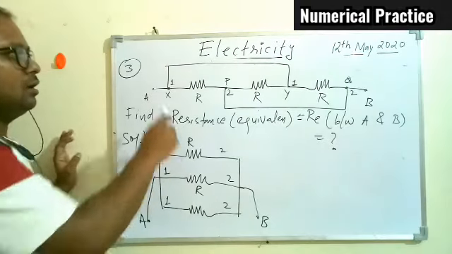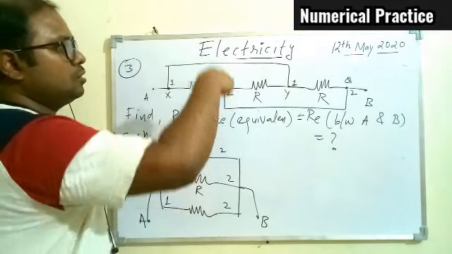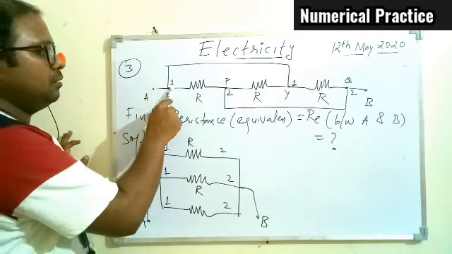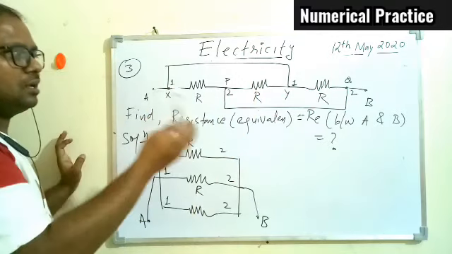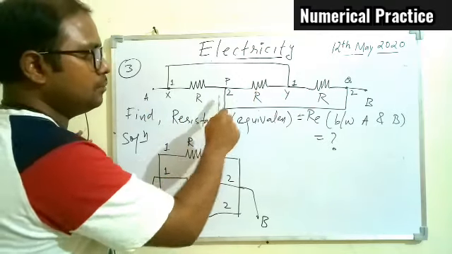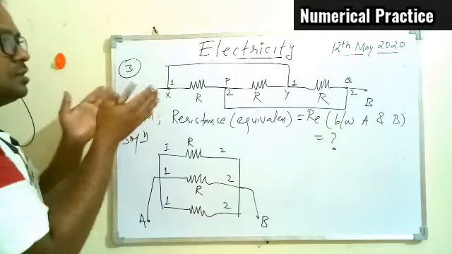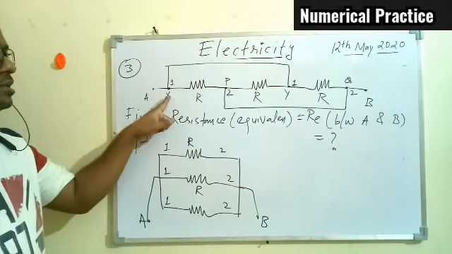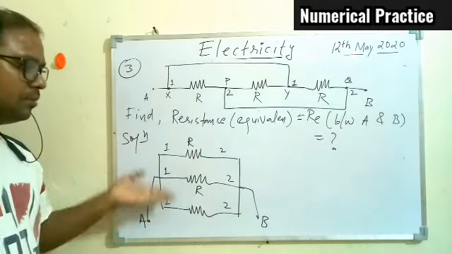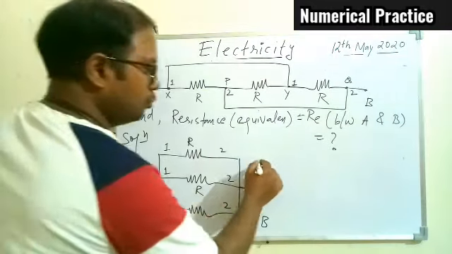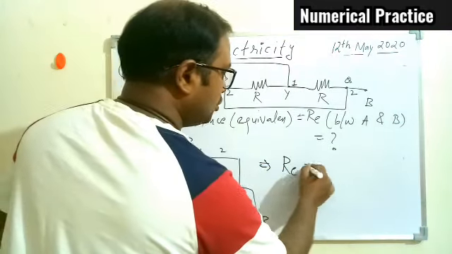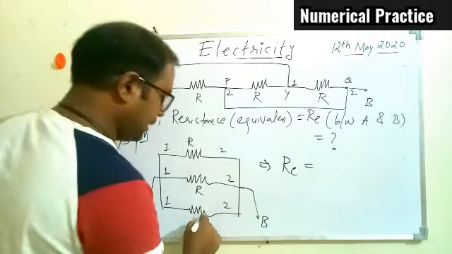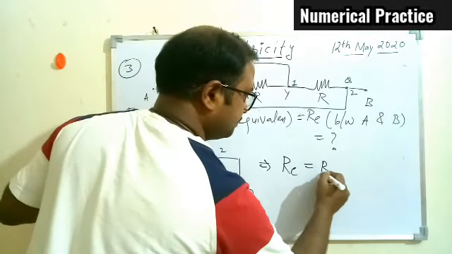I am repeating again. If you see a direct wire connecting 2 or 3 resistors, then those points will come at the same potential. So you can number 1 and 1 and 2 and 2, and then you have to see for each resistor how much is the potential. 1, 2, 1, 2, they are coming the same, so they must be in parallel. And the rest we know. R equivalent will be what? R by 3.